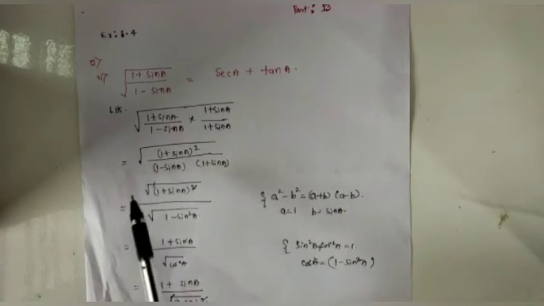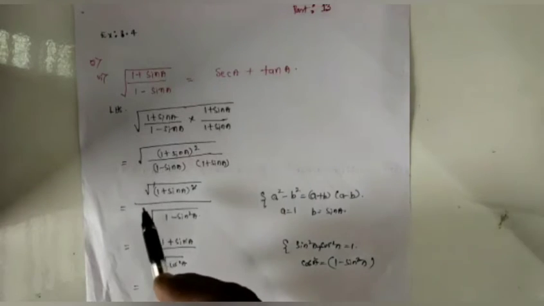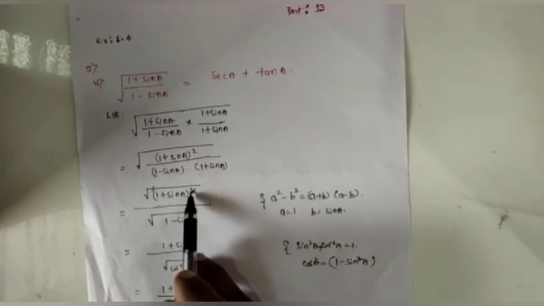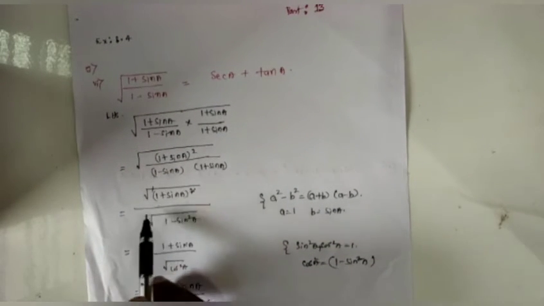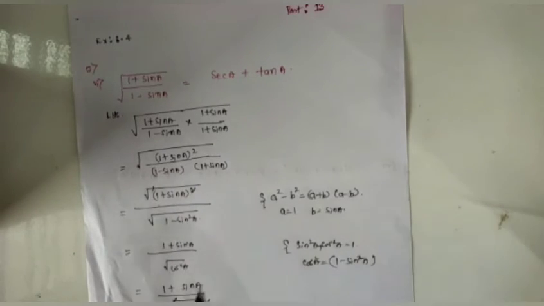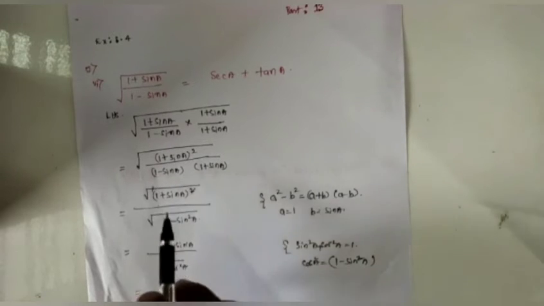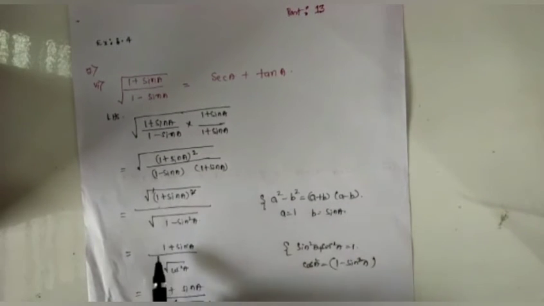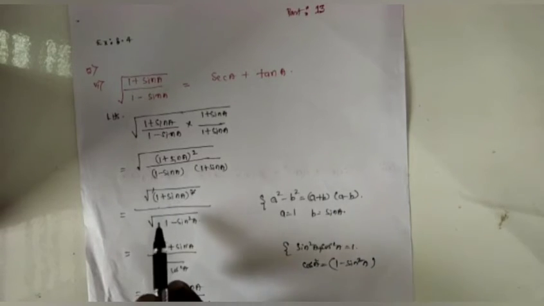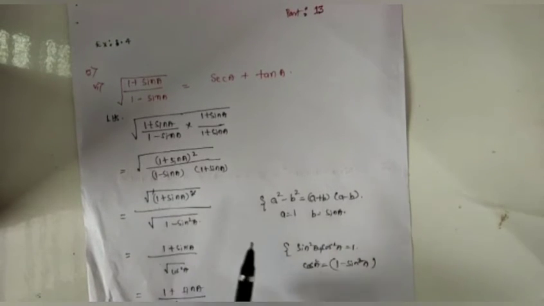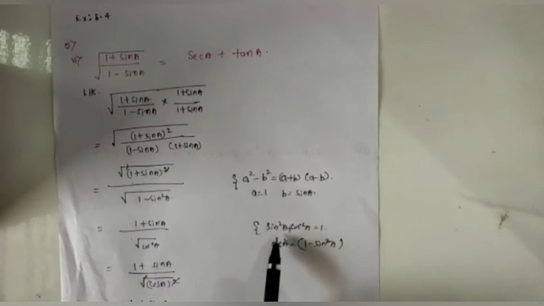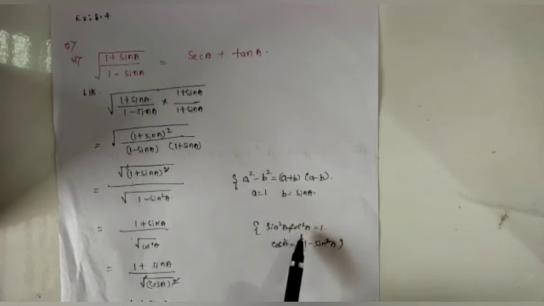We can split the square root on both numerator and denominator, so we get the square root of (1 plus sine a) whole square divided by the square root of 1 minus sine square a. In the numerator the square root cancels, leaving 1 plus sine a. In the denominator, by trigonometric identity 1, sine square a plus cos square a equals 1, so cos square a equals 1 minus sine square a.